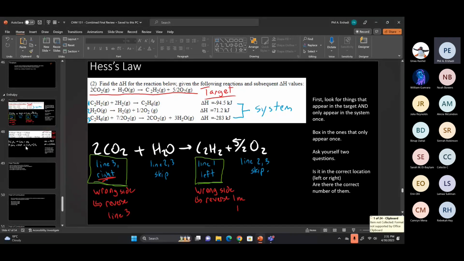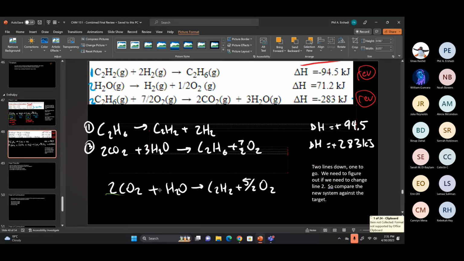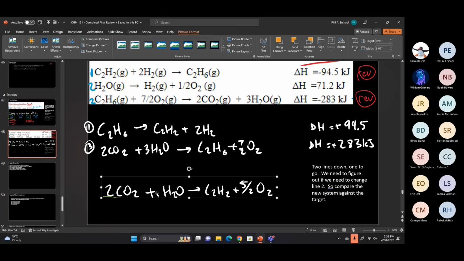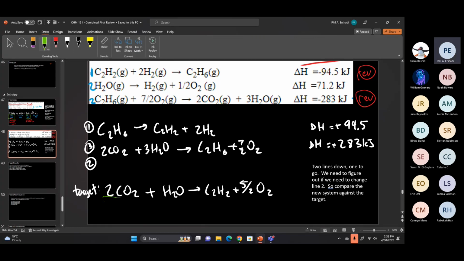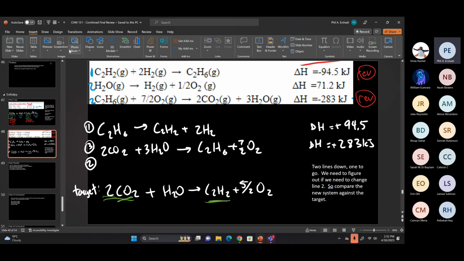This is when it gets a little bit tricky. I'll leave a space for line 2. And I'll write that's my target. We've taken care of CO2. We've taken care of C2H2. It's just that we're still a little in the dark about what to do with line 2. So here's what we need to look for.